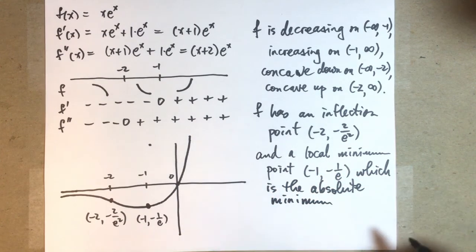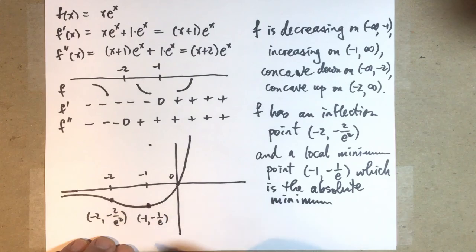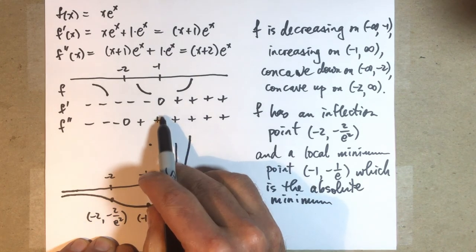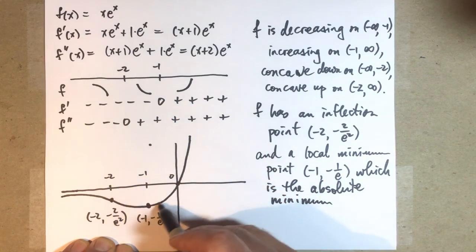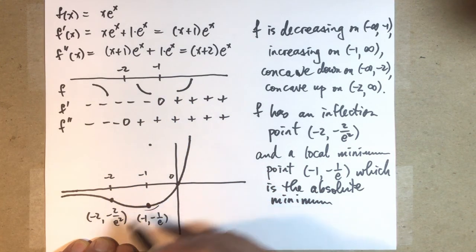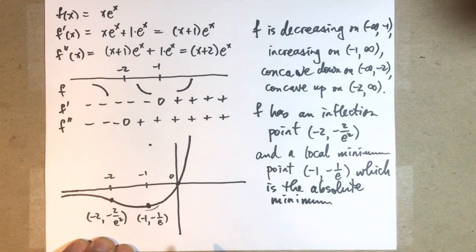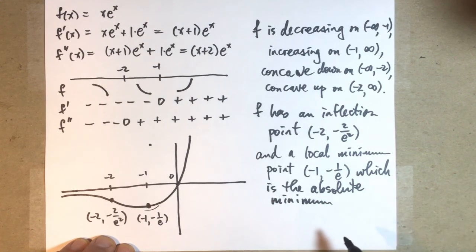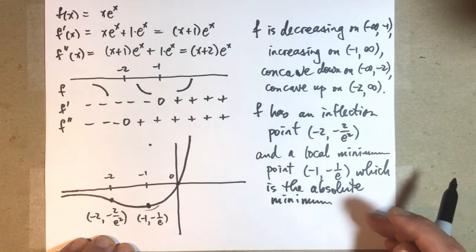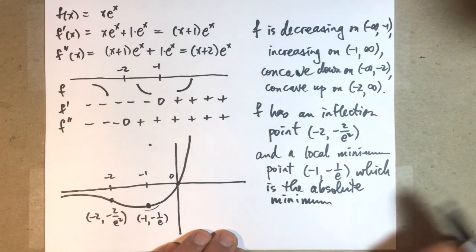You can use the second derivative test here to check for this being a local minimum. So you look at the second derivative at -1, that's a positive value, so that tells you the shape here is concave up, which is telling you you have a local minimum, second derivative test. But since you already have everything you need without the second derivative test, I just mention it briefly in passing.